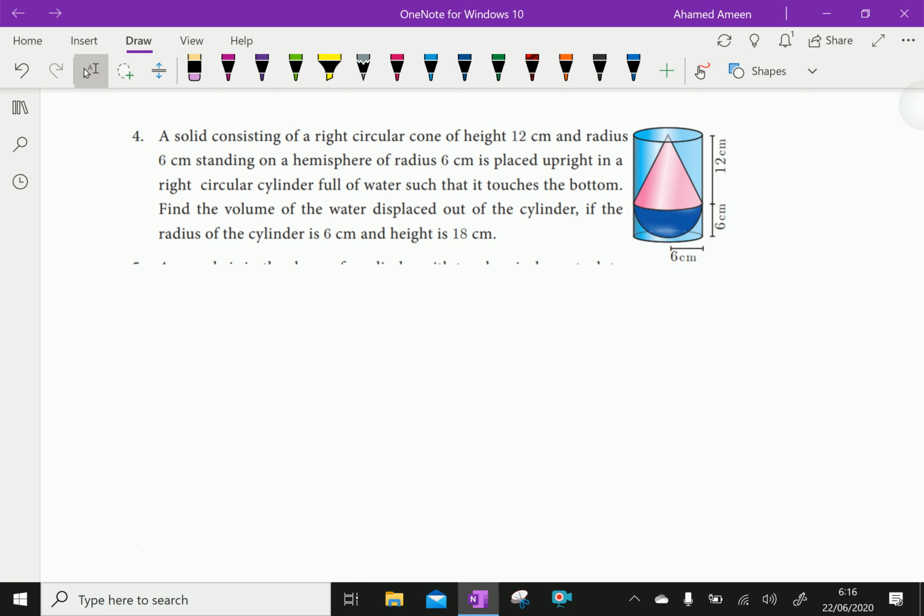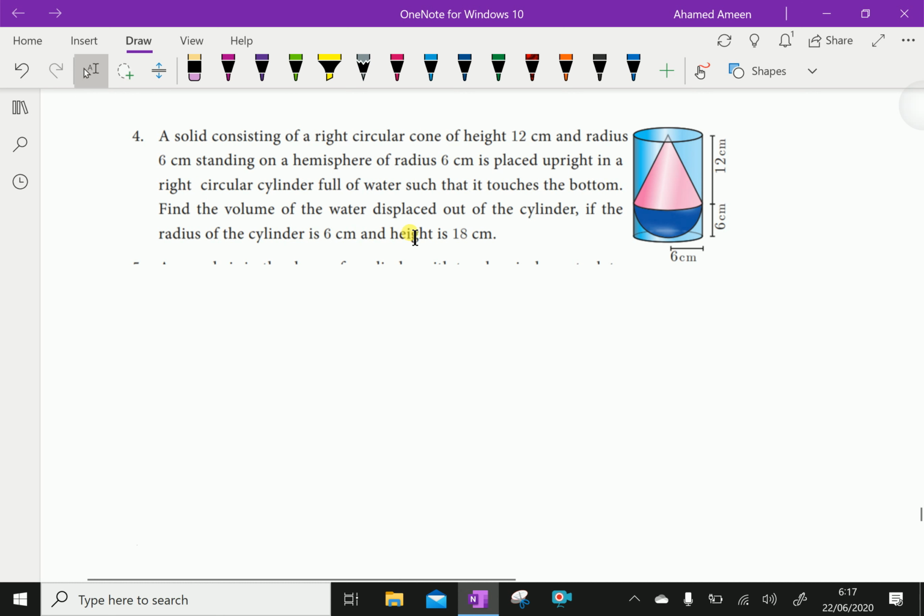Question number 4. A solid consists of a right circular cone of height 12 centimeter and radius 6 centimeter standing on a hemisphere of radius 6 centimeter, and is placed upright in a right circular cylinder full of water such that it touches the bottom.